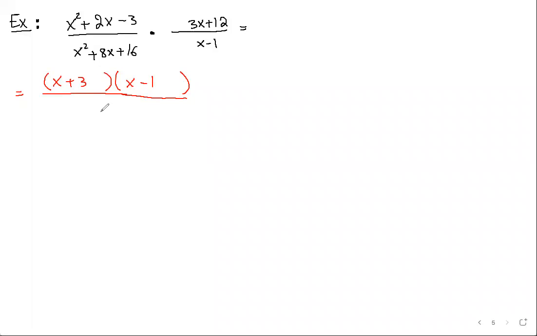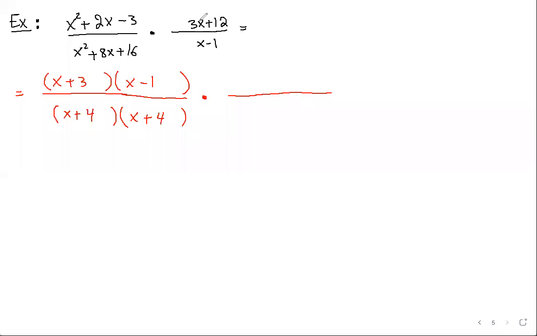What's the factor for the denominator? x plus 4 and x plus 4. Okay, 4 times 4 is 16 and 4 plus 4 is 8. Yes, this works.